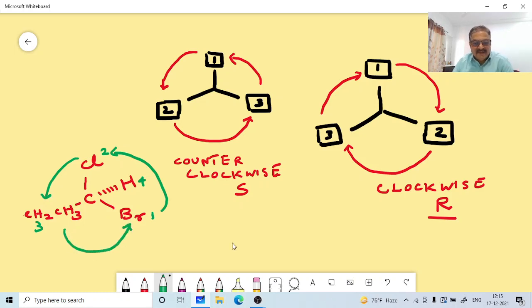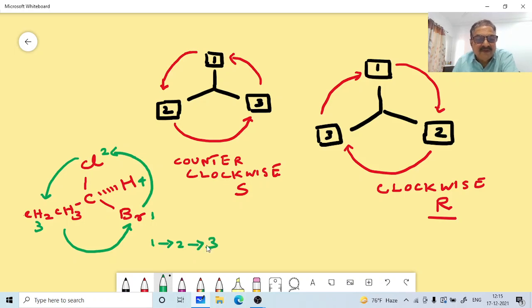Okay, when we are tracing the circle from 1, 2, 3, this is 1, 2, 3.